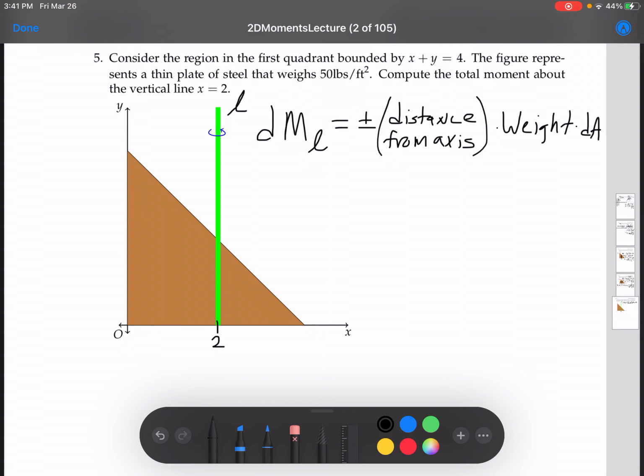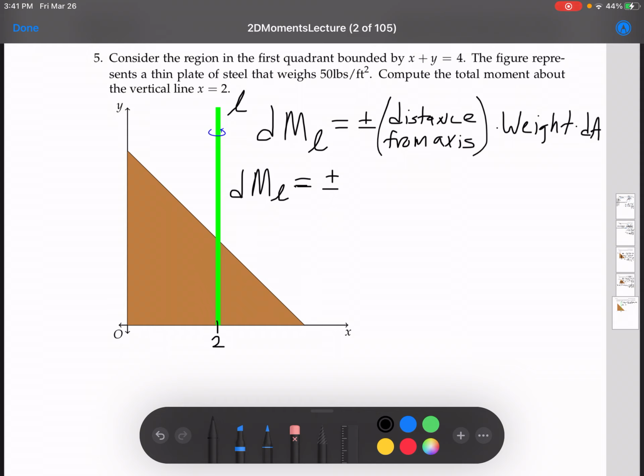All right, so dML, like I've done before, I'll deal with the plus or minus in a moment. So now let's deal with the distance from the axis. So that's the distance that your arbitrary rectangle is from the axis.